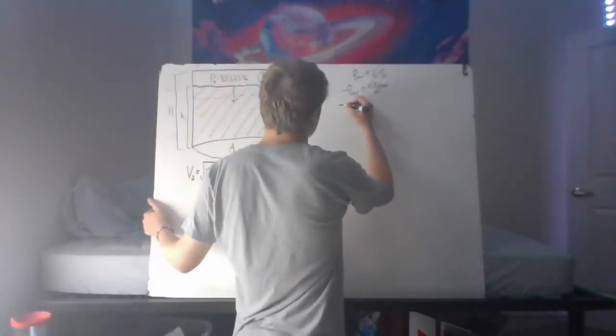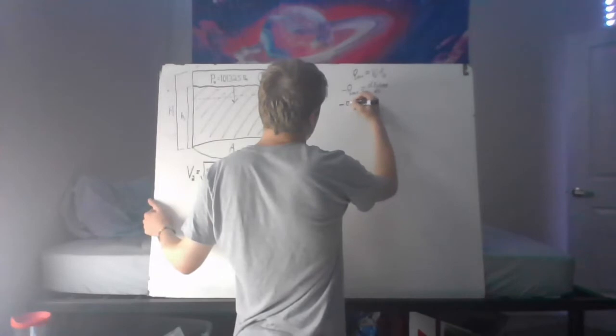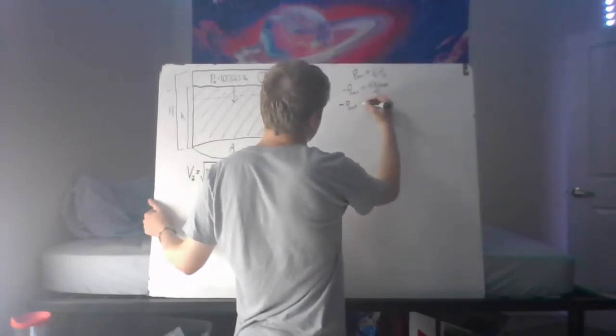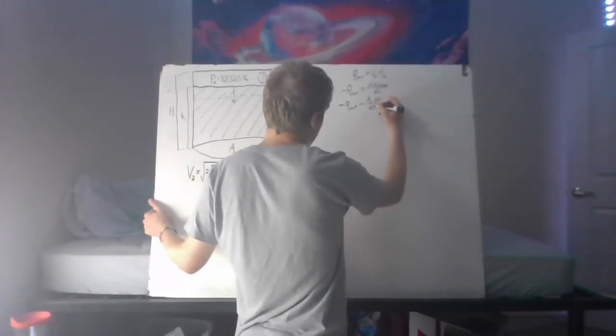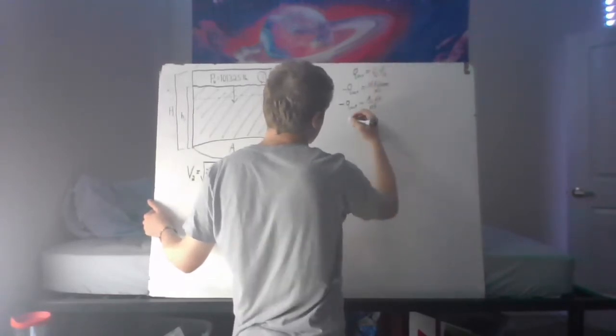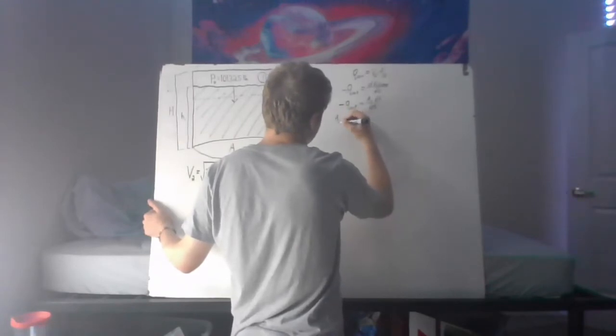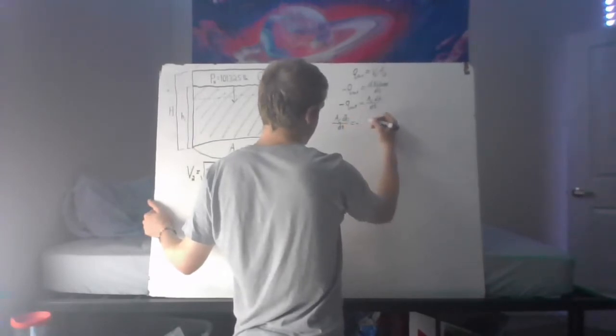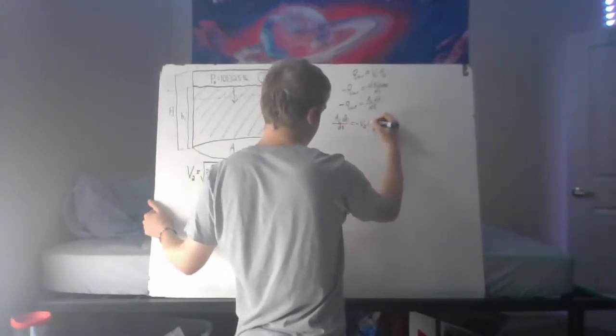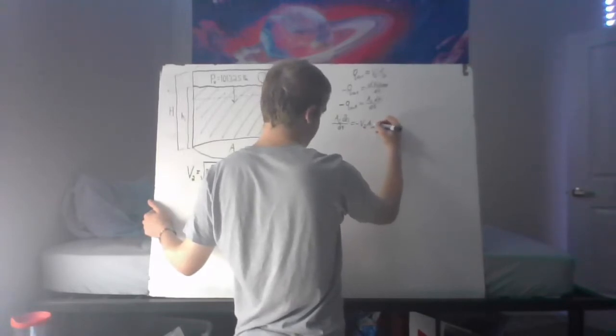So we can say that negative Q out is going to be equal to the cross-sectional area times the change in height. And now we can set those equal to each other. So AC dH over dt is equal to negative V2 A2.